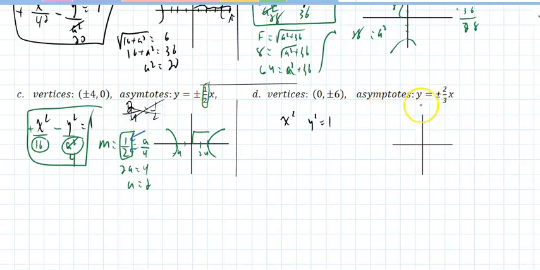Same thing with part D. The vertices are at 0, 6 and 0, negative 6. That means a negative and a positive, and we moved 6 above. 6 squared is 36. That's a squared.